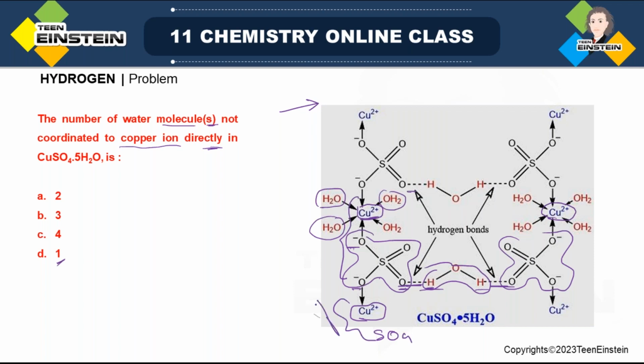That is, this is one copper sulfate, this is another copper sulfate, and they are also linked with each other by this type of coordinate bond. So this detailed structure is not needed. You just have to understand that 4 water molecules are directly attached, but this 5th water molecule is completely different. There is no direct attachment with copper. So that is why the correct answer should be option D.